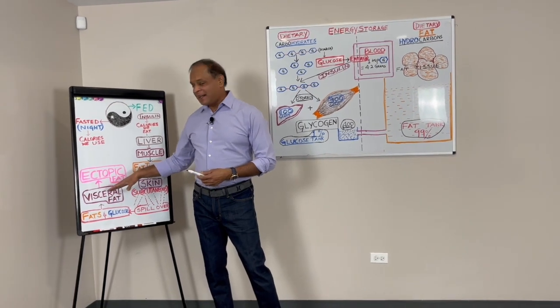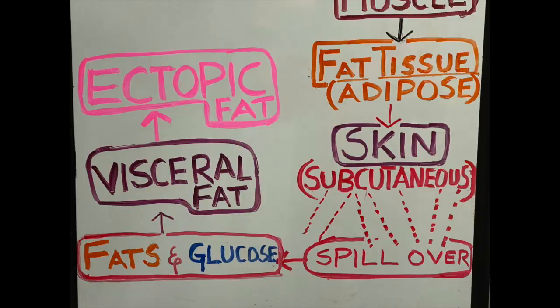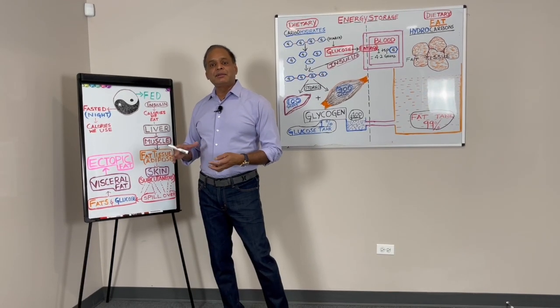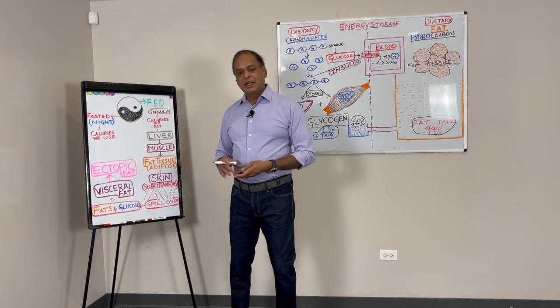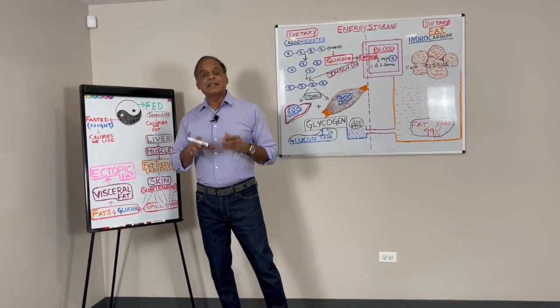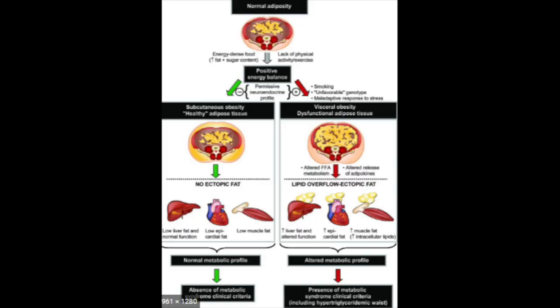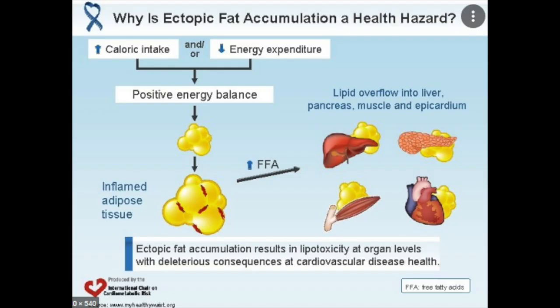And then after that, as you have more and more, as it expands, the insulin tries to put it away into ectopic fat, which literally means a place where it does not belong. It is going inside the liver, inside the muscle, inside the pancreas, and then around the heart, inside the blood vessels, around the kidneys.